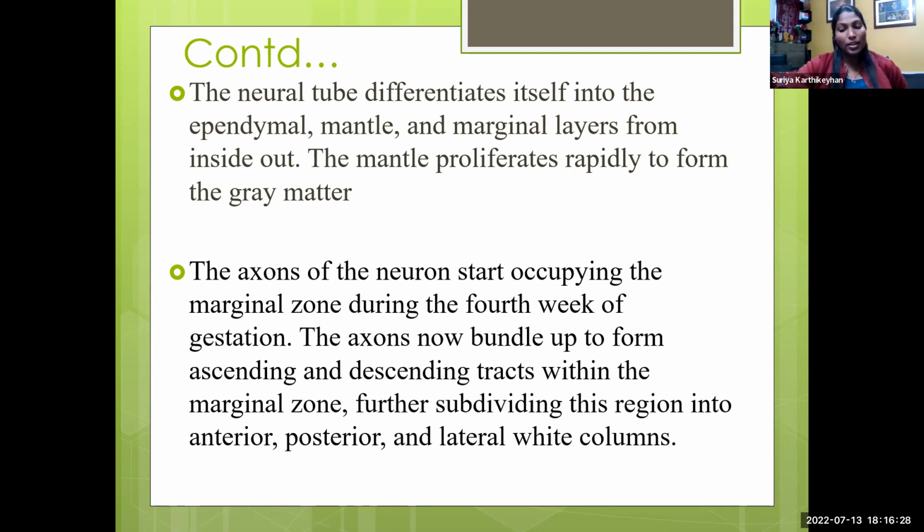So the cell bodies, nucleus, dendrites, and axon terminals will all occupy the gray matter of the spinal cord, while the white matter is composed mainly of axons. Only the axons of the neurons will be bundling, forming fibers and tracts within the white matter. So these axons will form ascending and descending tracts within the marginal zone, the future white matter of the spinal cord.